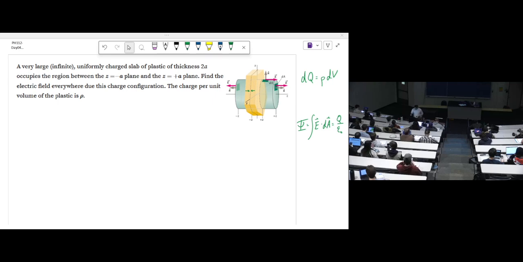If I, instead of the way that this is set up currently, consider a pillbox that is inside of this material right here, say like so, something like this, that's a terrible looking cylindrical area.